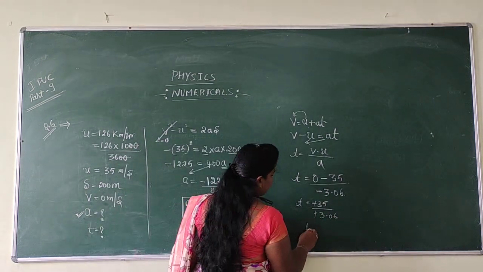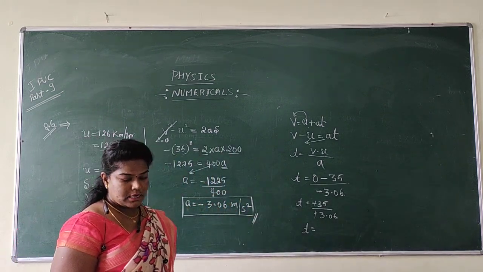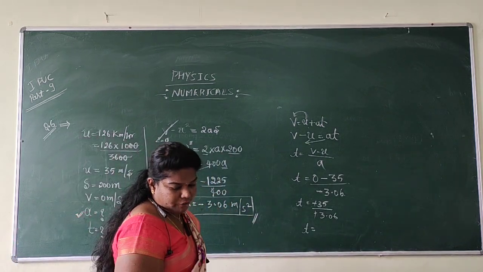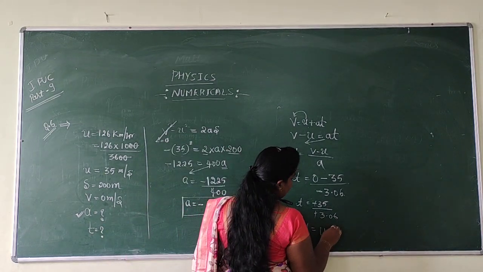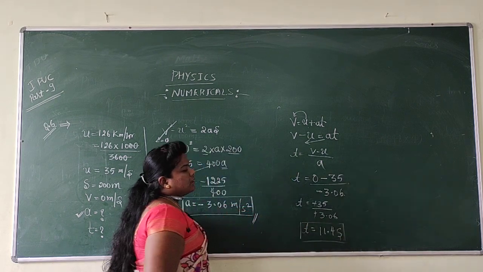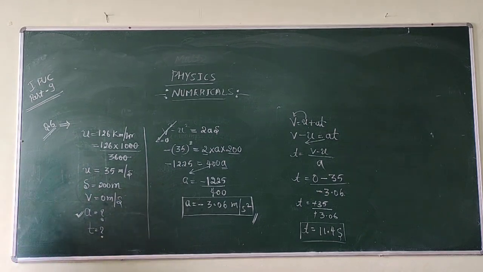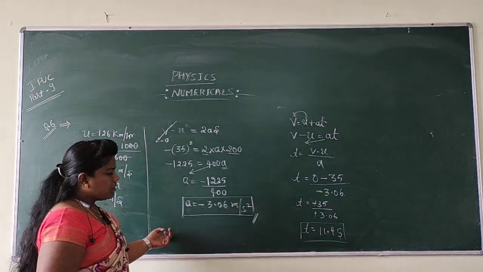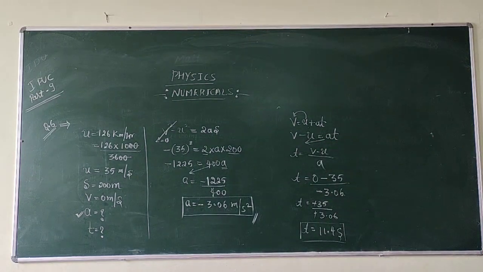So finally time t is equal to 35 by 3.06. Use your calculator. After dividing this, you will get 11.4 seconds. SI unit for time is second. So 35 by 3.06 gives you 11.4. That is the time required as well as the retardation of the car.